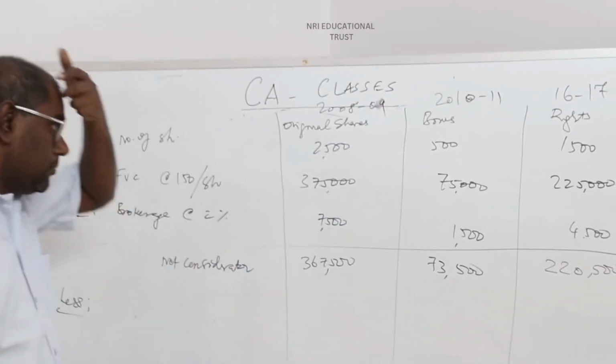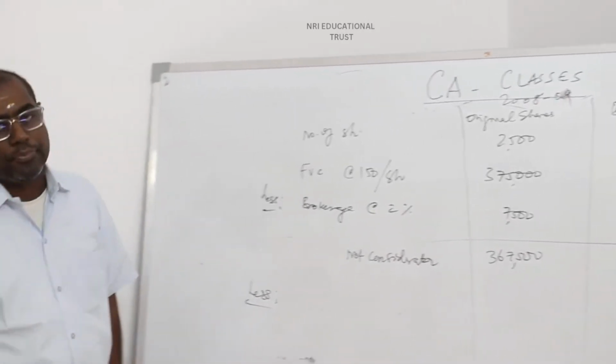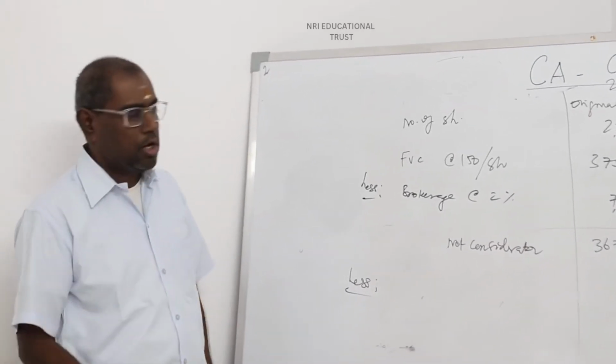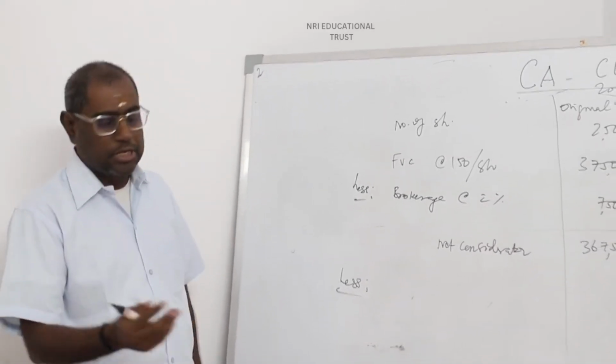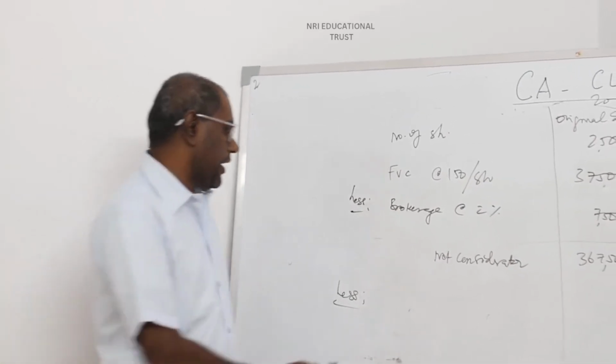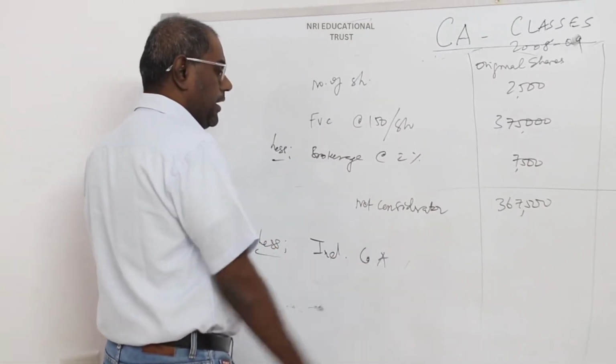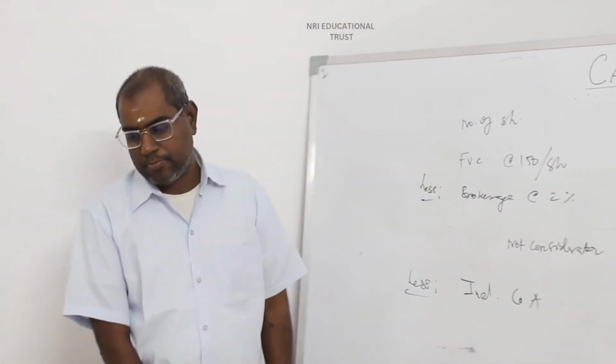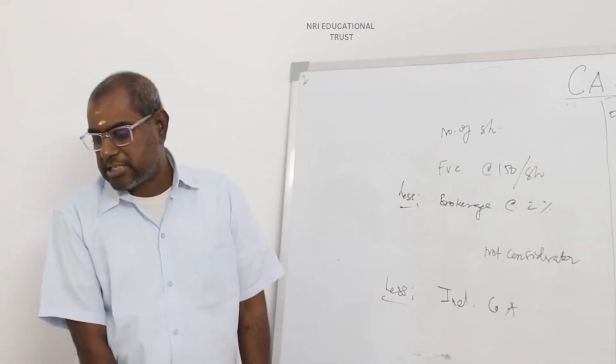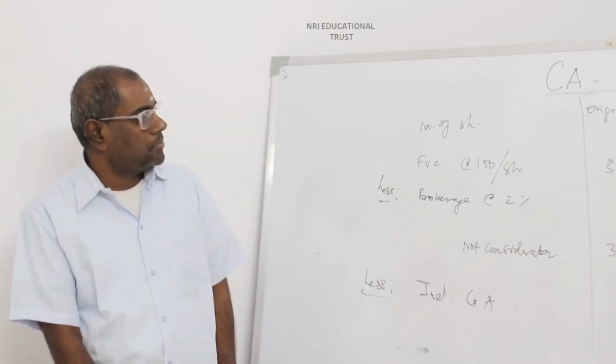So all are long-term capital assets, which will result in long-term capital gain. So we have to apply indexation, the indexed cost of acquisition. The index has been given in the problem.